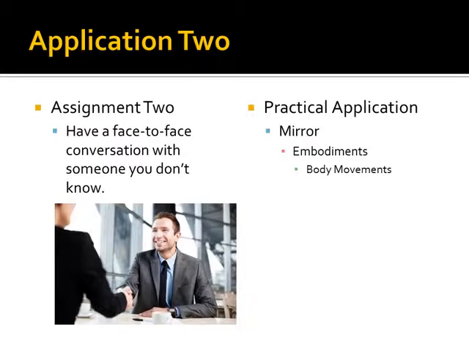Also, remember that when you're looking in a mirror, the image is reversed. So when the person rests his right hand on the table, you wait a few seconds and you place your left hand on the table. If the person looks you straight in your eyes, don't turn away to look elsewhere. If the person looks away from time to time when they're talking, you do the same when you're talking.